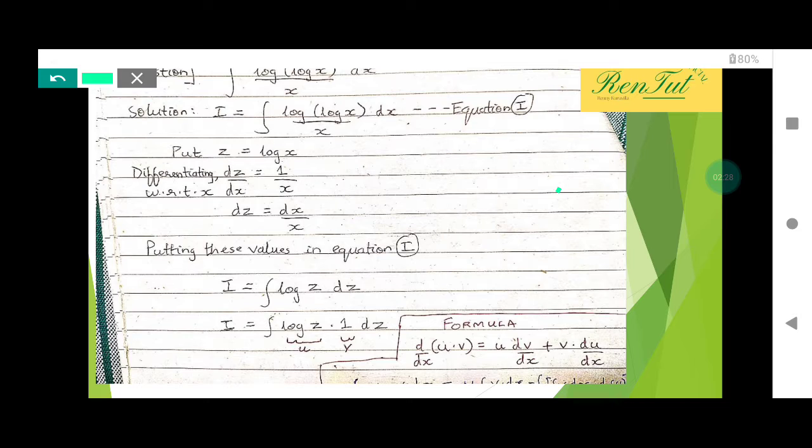I is equal to integration of log z into 1 into dz. So log z we will be considering as u, and v we will be considering as 1.